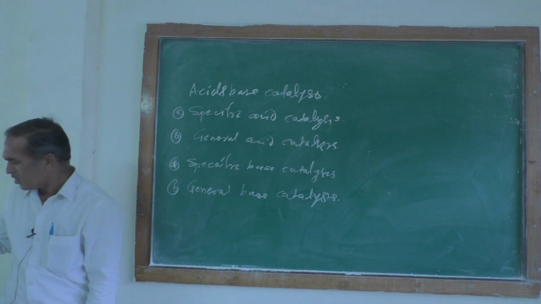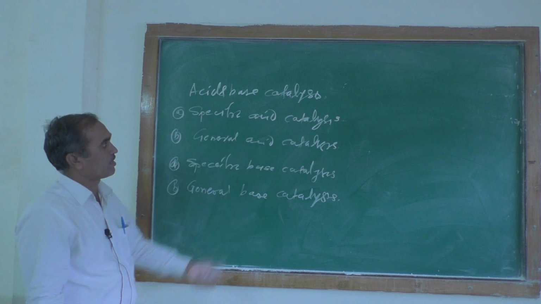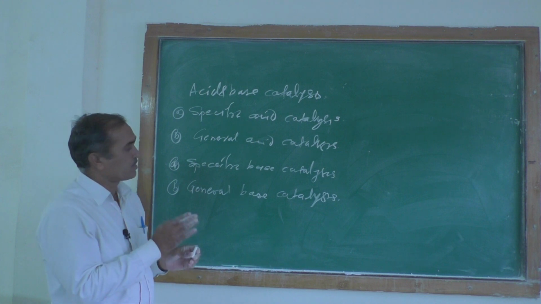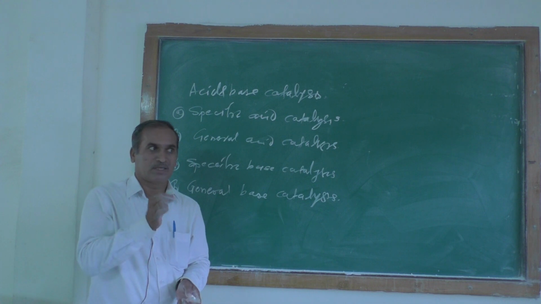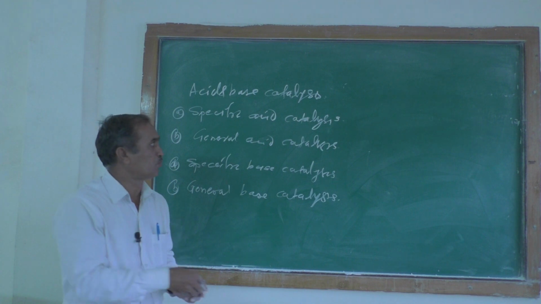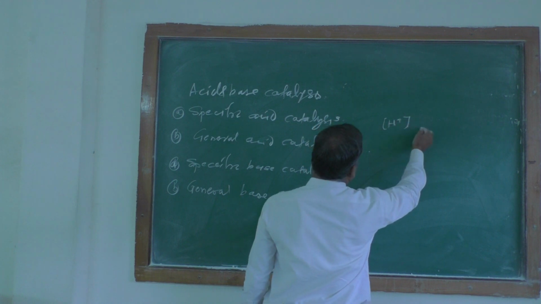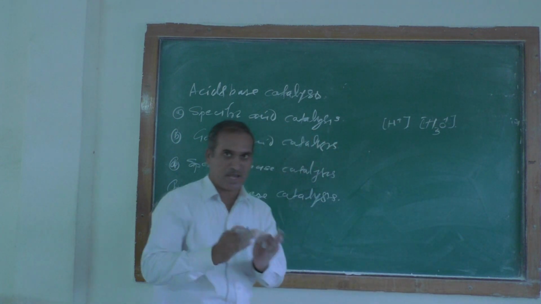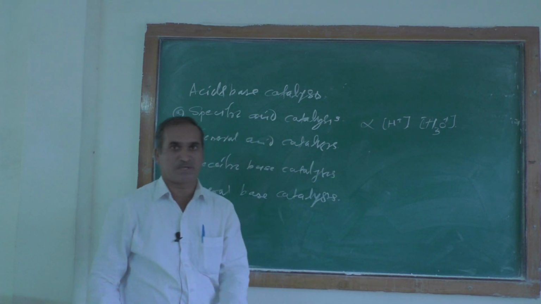Now, what do you mean by specific acid catalysis? Specific acid catalysis involves the acidic medium. The rate of reaction is proportional to the concentration of the H plus ion, or we can call it the H3O plus, hydronium ion. The reactions are carried out in water, and therefore the rate is directly proportional to the concentration of the H plus ion.